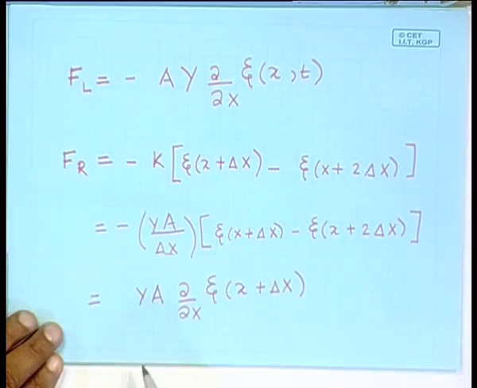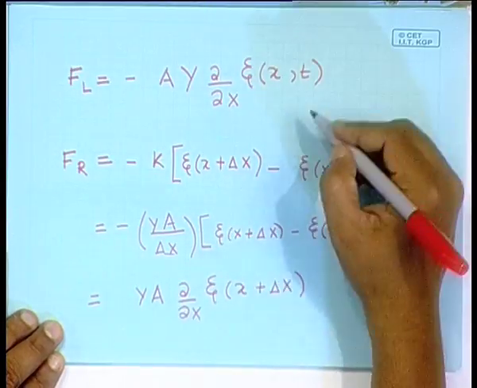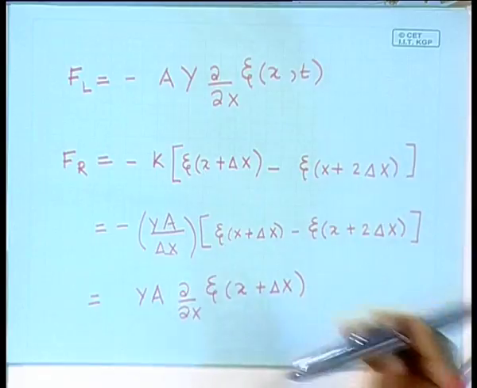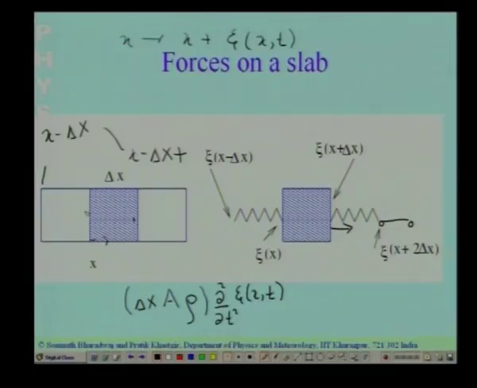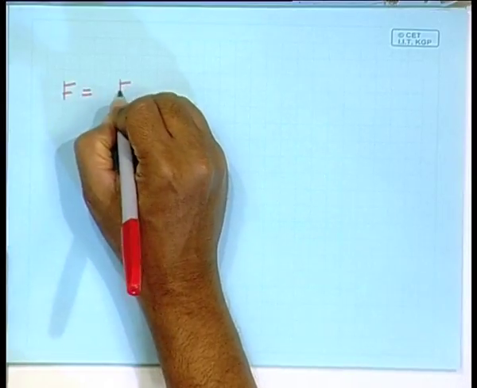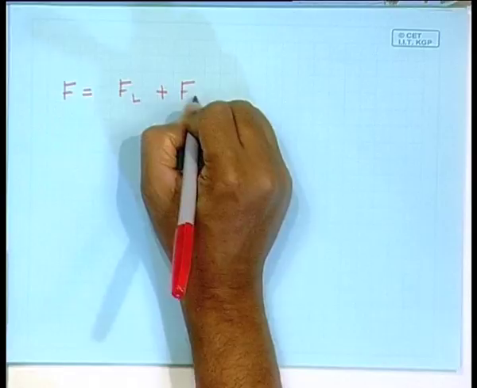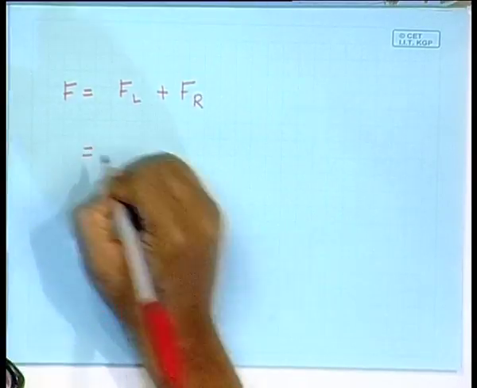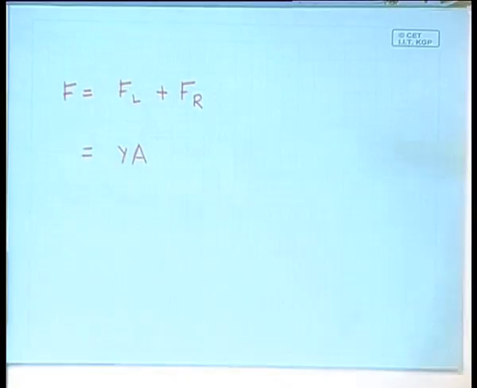Okay, so we have written the force both on the left hand side and on the right hand side in terms of derivatives. The force on the left hand side involves the derivative at this point. The force from the right hand side involves the derivative at this point. To calculate the total force on this mass element which we were focusing on, we have to add up both of these. So, the total force F is equal to the force from the left plus the force from the right, and this is equal to y a, the cross sectional area A. Let me show you the expressions again.